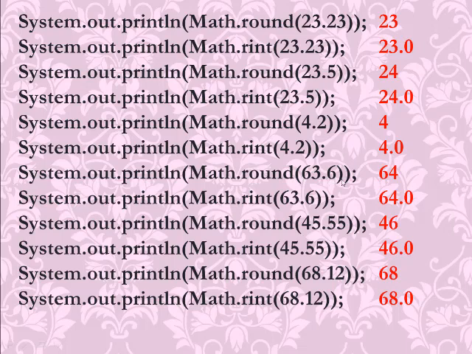Round for 63.6 will return 64, and rint will also return 64.0, because here it is more than 5, so it will add 1, and 63.6 is closer to 64. 45.55 will be returned as 46 by round and 46.0 by rint. 68.12 will be returned as 68 by round and 68.0 by rint.